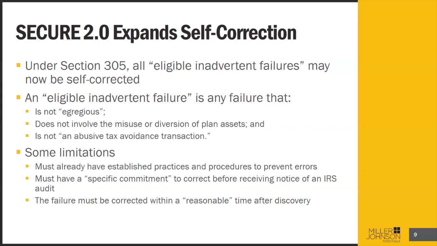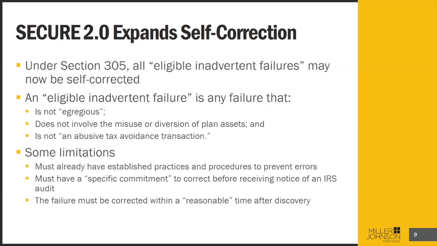First, though, what is an eligible inadvertent failure? It's really any sort of failure in a retirement plan that is not egregious, doesn't involve misuse or diversion of plan assets, and is not an abusive tax avoidance transaction. And the thing to keep in mind with those 3 points is really just that the ability to self-correct things is limited to inadvertent errors, where we were trying our best and just goofed up.